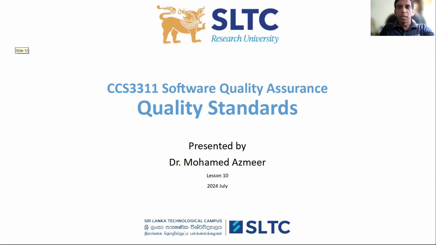So, quality standards: there are a few different quality standards we need to understand the differences of. Because when you are joining the software industry, many companies are either going through ISO. If it's a software company, most of the time it's a CMM standard, CMMi now.